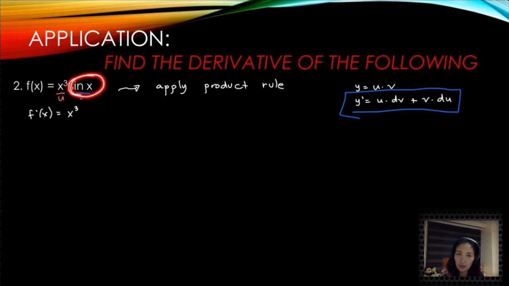What is the derivative of sine x? It is cosine x. So we're done with u dv. We now proceed to plus v du. Plus v, sine x, times du, the derivative of x cubed, which is 3x squared.